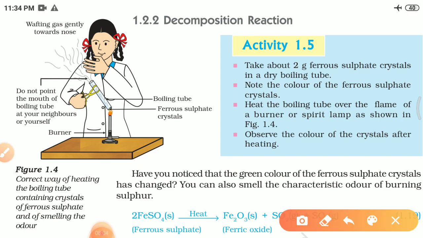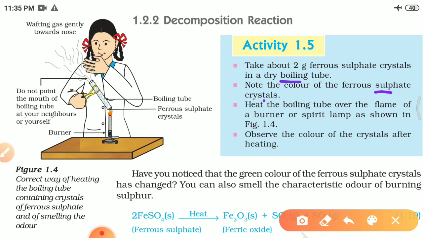To understand the decomposition reaction, now we will do an activity. In this activity, we have to take 2 grams of ferrous sulfate crystals in a dry boiling tube. The color of ferrous sulfate we will observe will be green. Now heat the boiling tube over the flame of a burner or spirit lamp as shown in the figure.